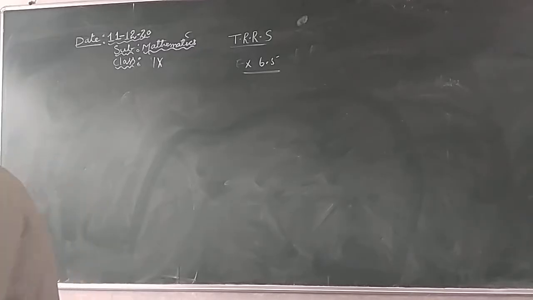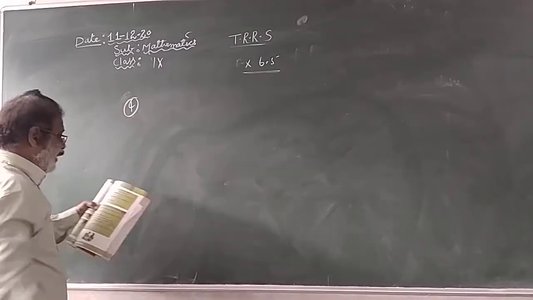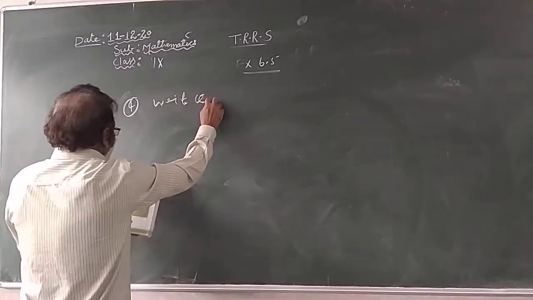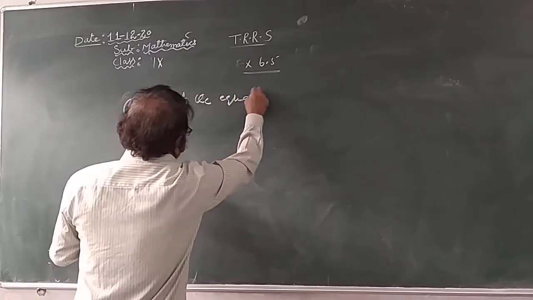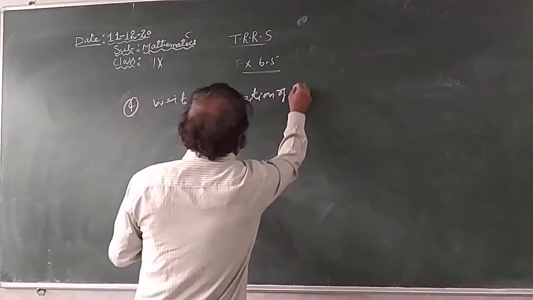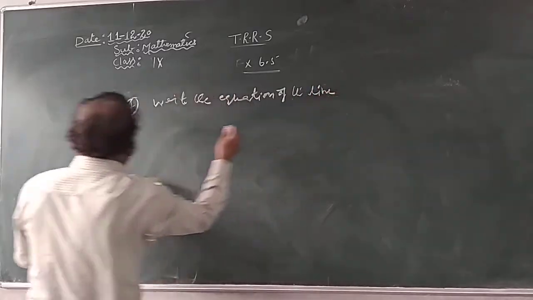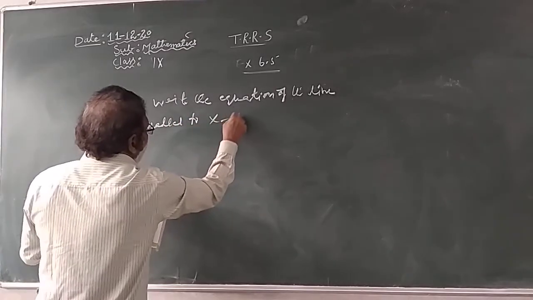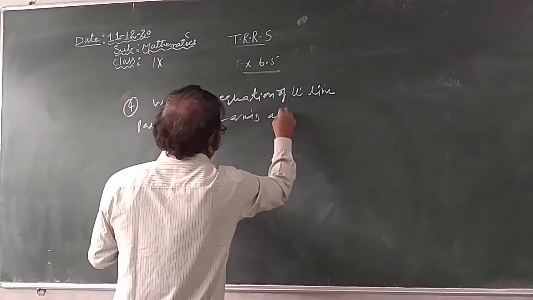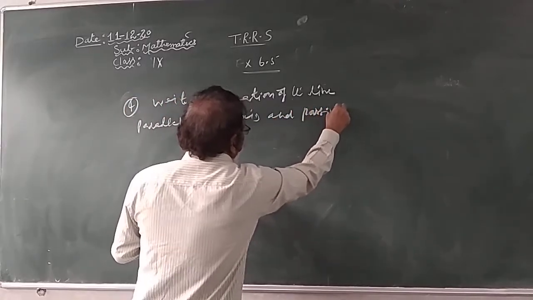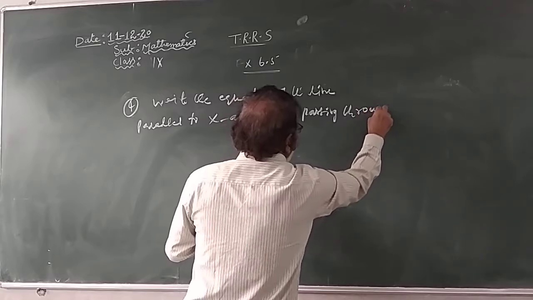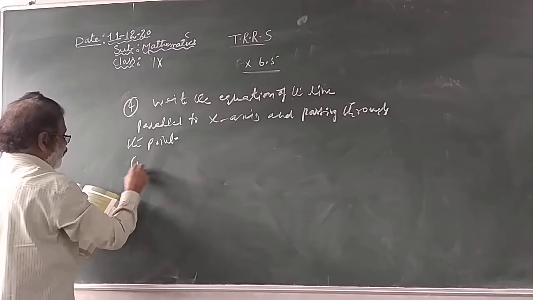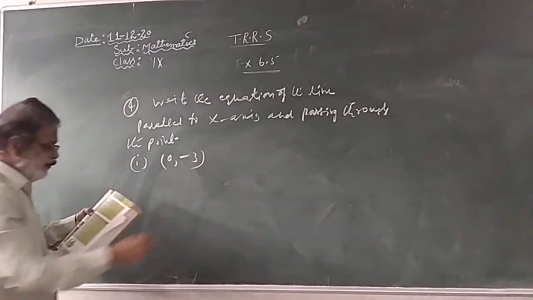So here the fourth problem is write the equation of the line parallel to x axis and passing through the point 0, minus 3. I will explain. Rest of the bits you do it.